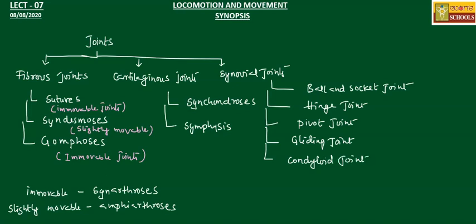So these are the different types of synovial joints. So there are three types of joints: fibrous joints, cartilaginous joints, and synovial joints.